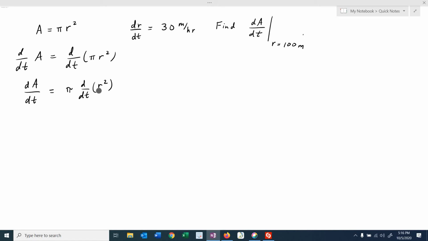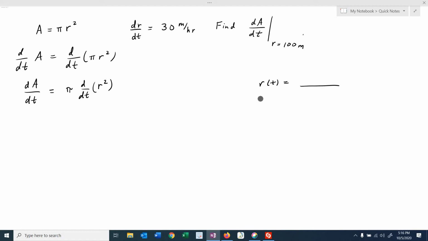Then notice that you're left with the derivative of r squared with respect to time. The radius does depend on time. It's a function of time. The problem is we don't have an equation which actually gives us the explicit radius as a function of time, so we don't know what this is equal to.